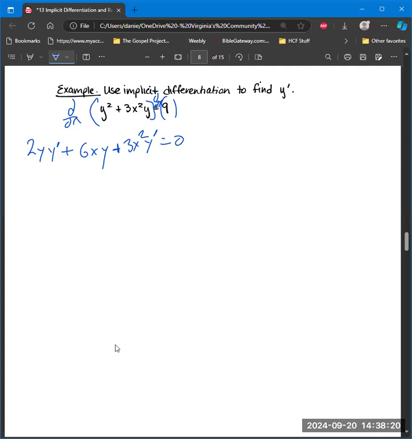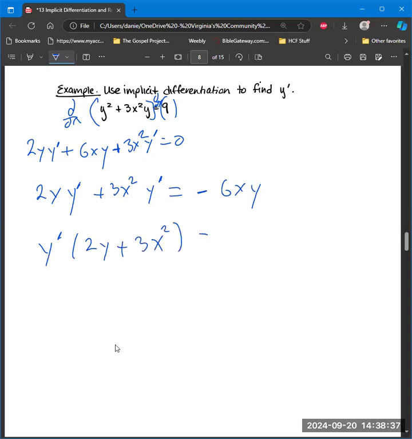And move my terms without y prime in them over to the other side by subtraction. Factor out my y prime. Divide by the part that's not y prime.